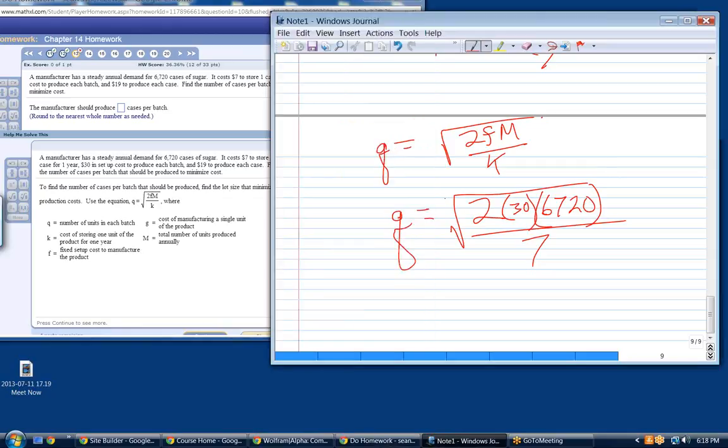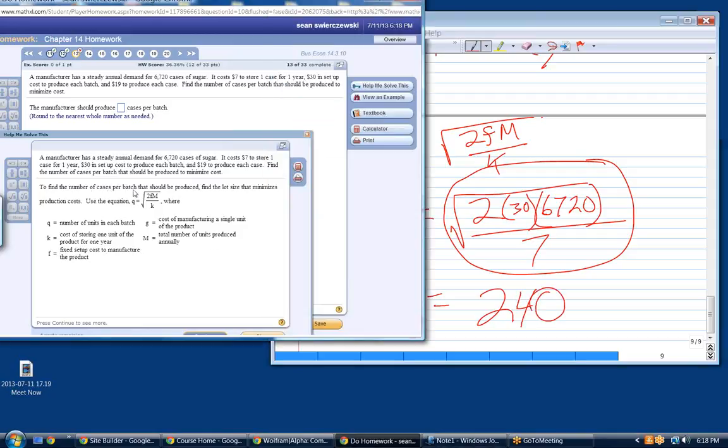Do we have a number for this? I can get it. And then make sure you take the square root of it. 240. Exactly. Yeah. So to find the number of cases per batch that should be produced, find the lot size that minimizes production costs.